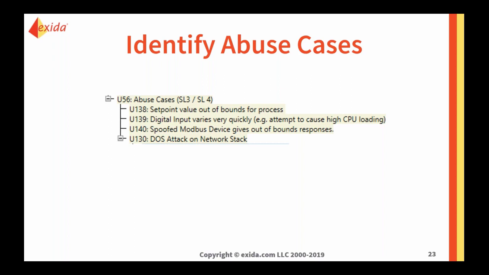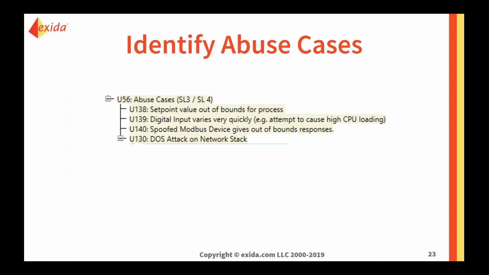Another way is through the Modbus interface, where they may spoof one of the Modbus devices and cause it to give out-of-bounds responses, in order to see what the protocol engine on the device does and see if they can cause the device to fail or cause errors in other outputs by giving the protocol engine bad input.